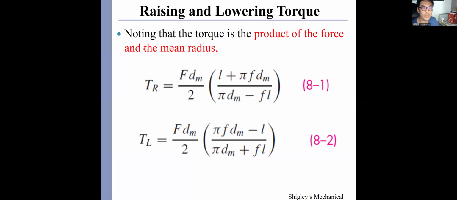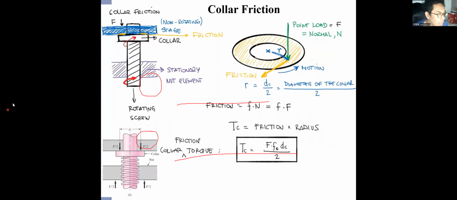Noting that the torque is the product of the force and the mean diameter, we got the final two equations: TR, the torque needed to raise the load, or TL, the torque needed to lower the load.